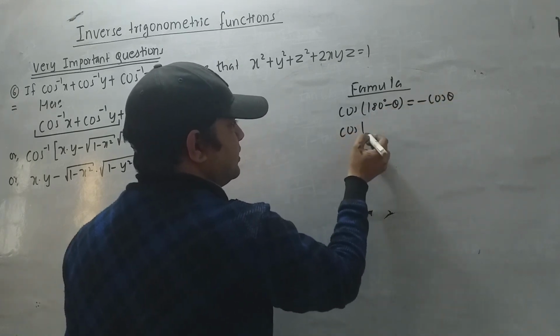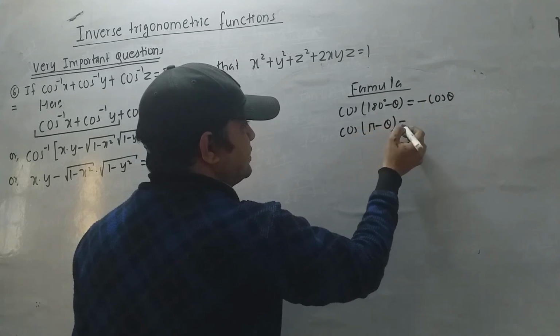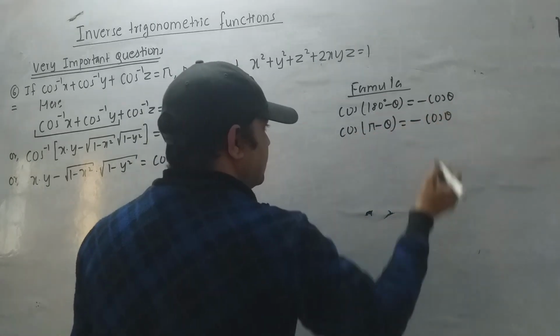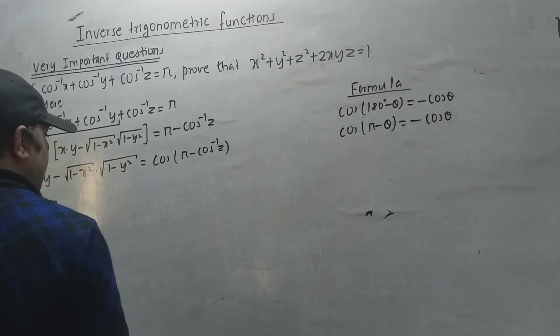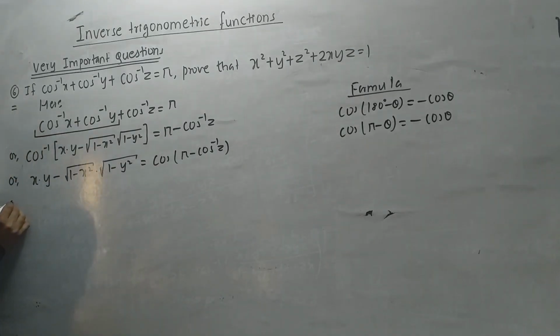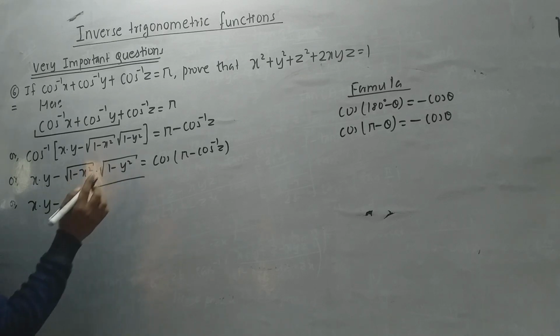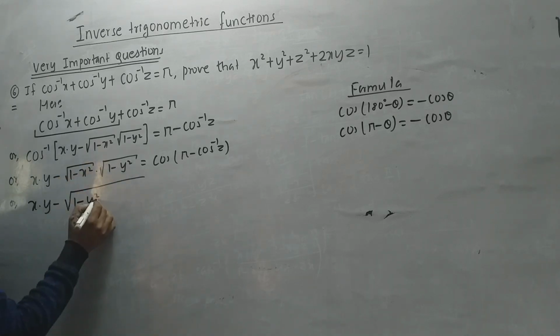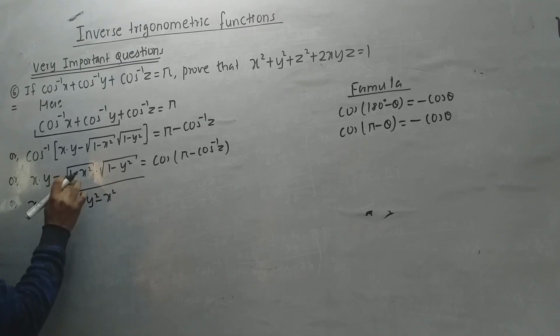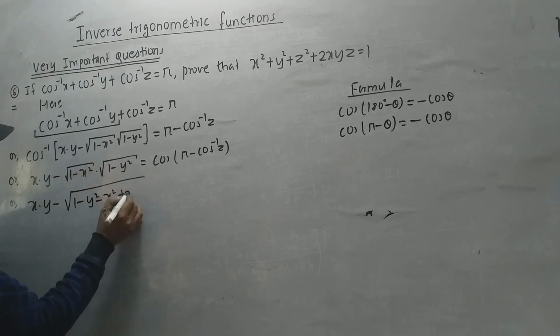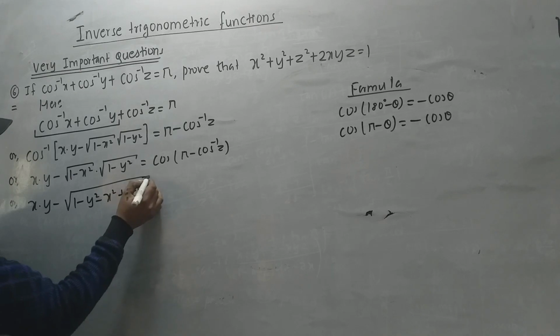That means cos of pi minus theta will be minus cos theta. After that, for x times y, you can do normal multiplication here. 1 times 1 is 1, 1 times minus y square is minus y square, minus x square into 1, and minus into minus is plus, here it is x square y square.